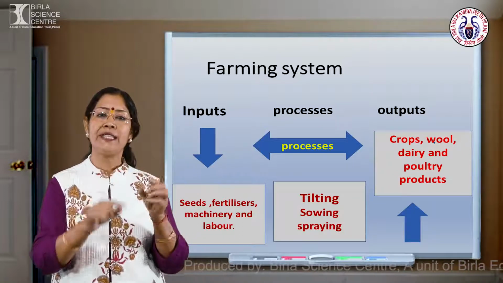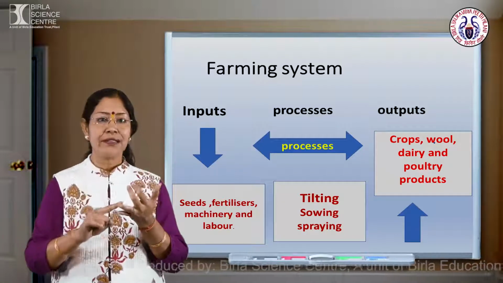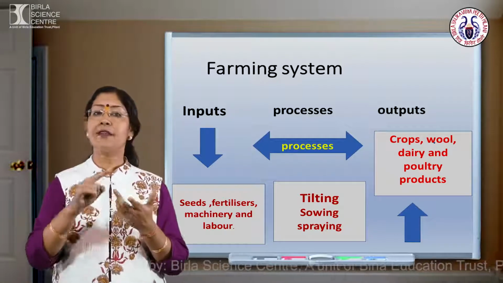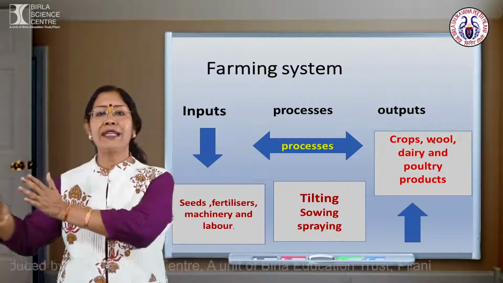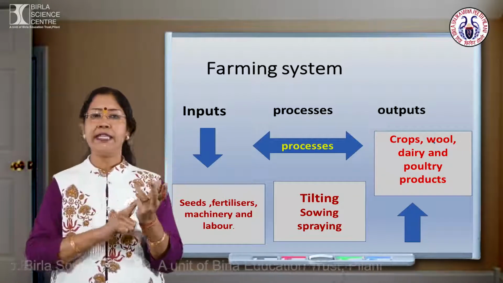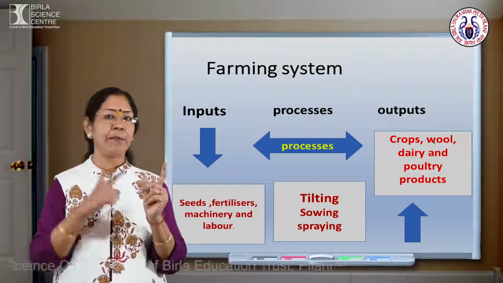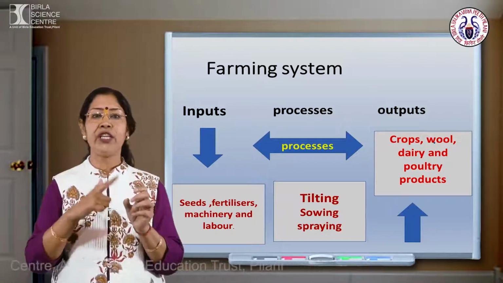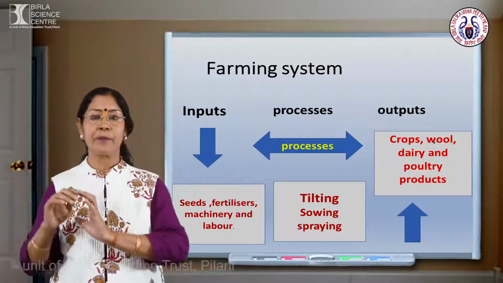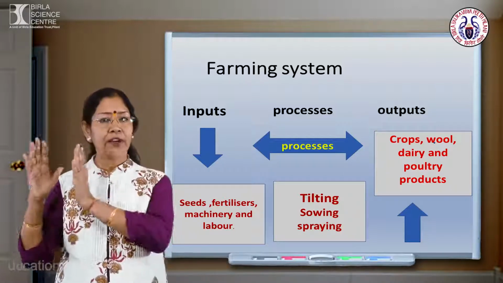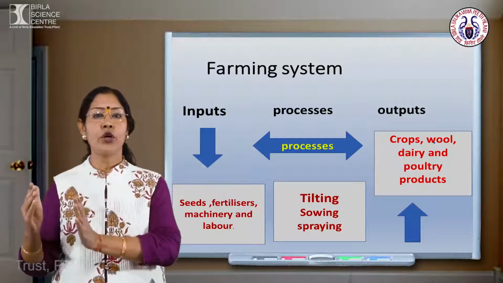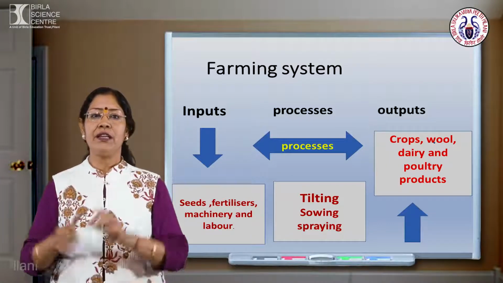Input involves seeds, fertilizers, pesticides, machinery, labor. Process is the processing activities like tilling, weeding, spraying, irrigating or harvesting. And now output. Output is the final product like crops and animal produce.